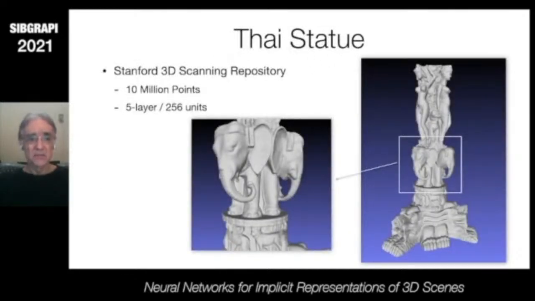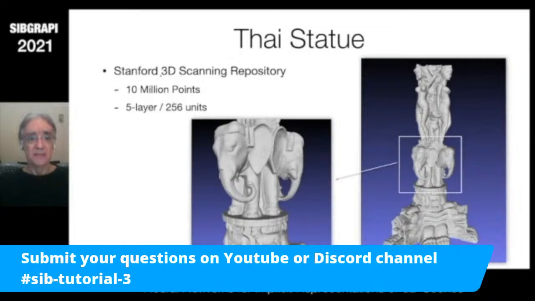The Thai statue is data from the Stanford 3D scanning repository, and the input model has 10 million points, and the network in this case had the following configuration. It is a 5-layer network with 256 units.